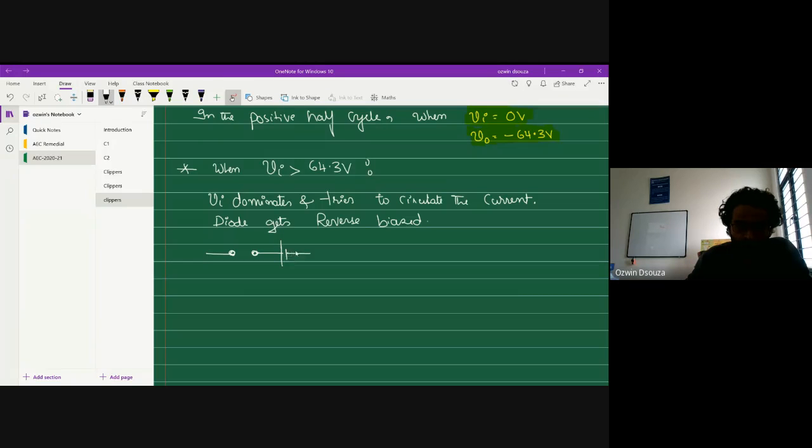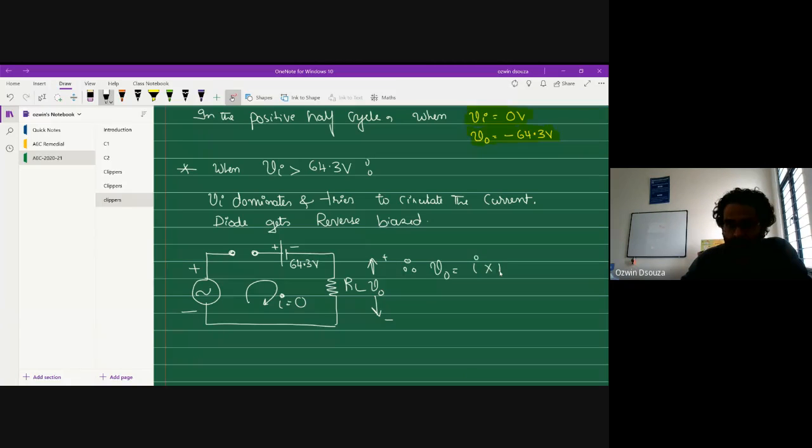Here is the 64.3 source and the load resistor RL. I is equal to 0 because there is an open circuit. Therefore, the output V0 is I times RL, which is 0 times RL, so V0 is equal to 0 volts.